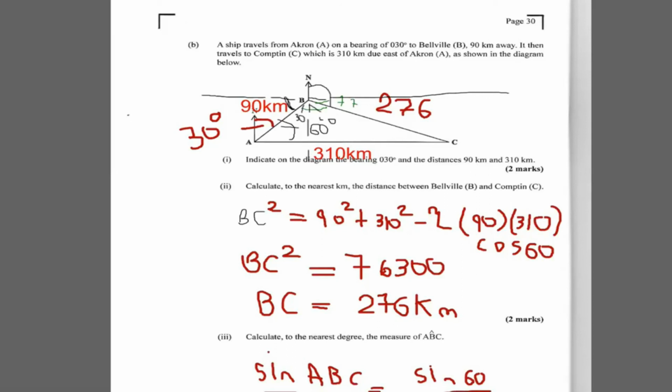If that piece is 47, then we know that the bearing is 180 minus 47. So the bearing of C from B is 180 degrees minus 47, which is equal to 133 degrees.